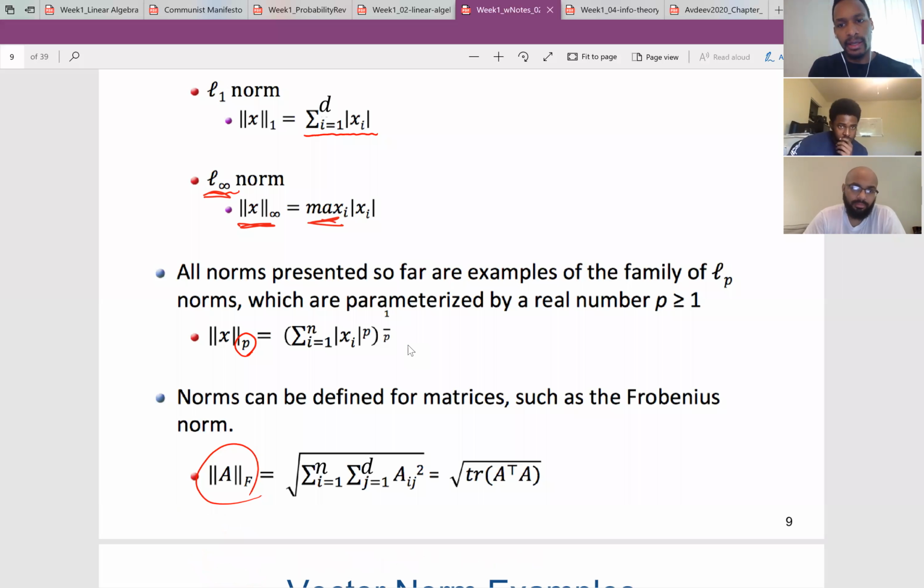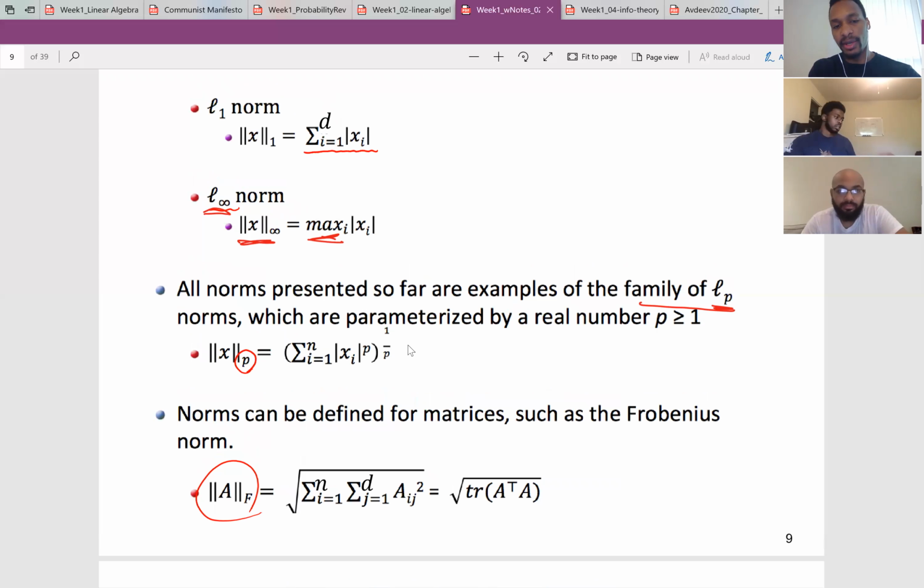Then there's generally this class of LP norms, where you take the sum of the absolute value raised to p, and after you take the sum, you take it to the power of 1 over p.